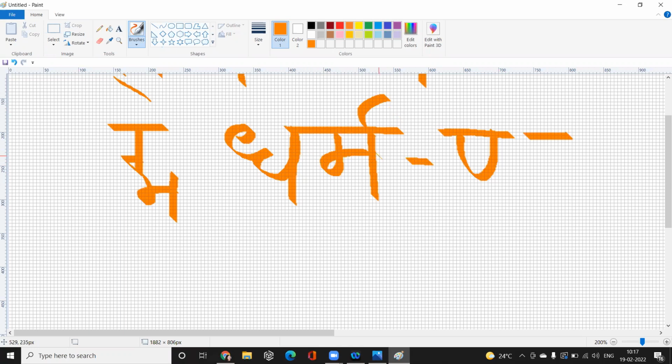The word ends with the sound of ma, dharma. And here in Devanagari, what we have done is we have written the ma, and ra on the top. What happens in Sharda Lipi is how we pronounce the word, the sound that comes from the word, we write it exactly like that. Because the sound of ra comes first, so ra would be written here first, and then it is followed by ma. So dharma, this is dharma.